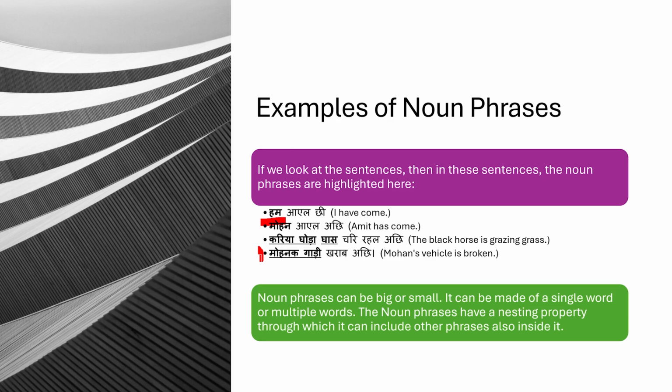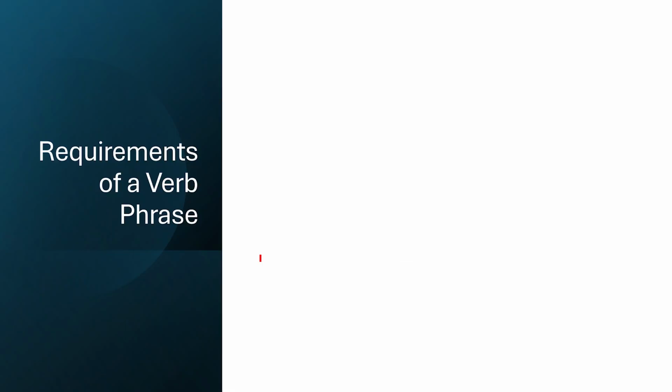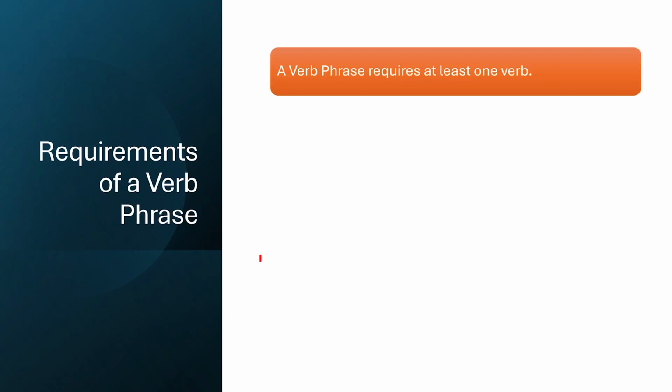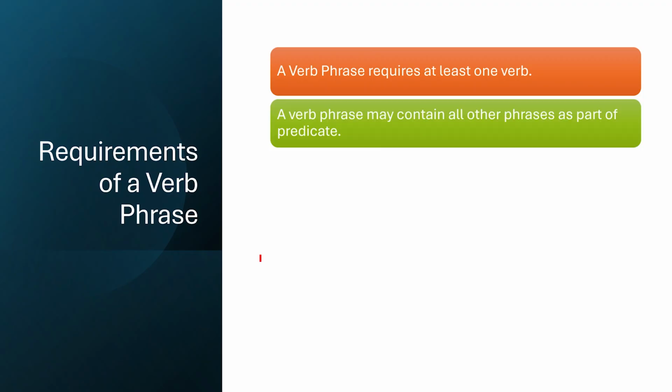Noun phrases can be big or small. It can be made of a single word or multiple words. Noun phrases have a nesting property through which they can include other phrases inside them. Let's come to the verb phrase. A verb phrase requires at least one verb.